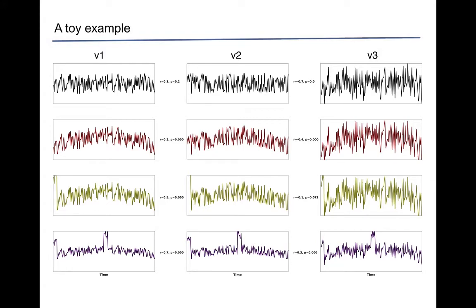Now, if you look at how these values changed, the relation between V1 and V2 changed from being not significant at all to something really positive and strongly significant, whereas between V2 and V3 it started with a strong negative correlation and ended up being a positive and significant correlation.